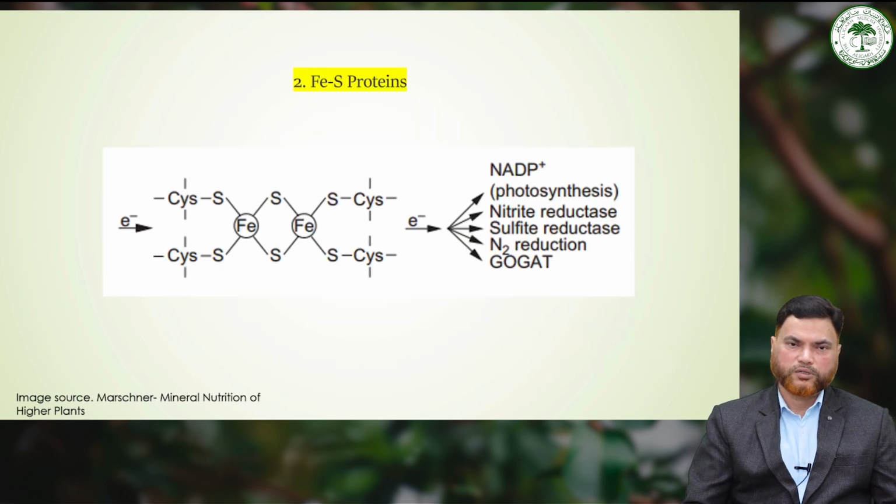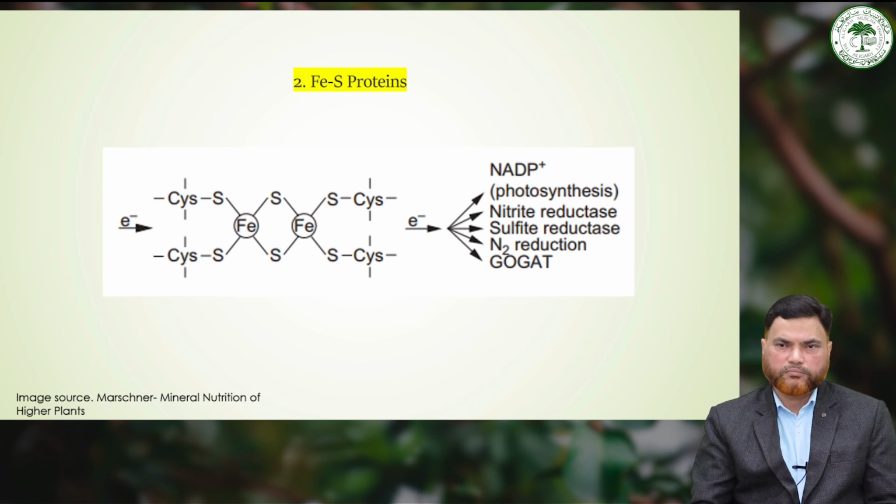Now, in non-heme iron sulfur proteins, iron basically coordinates with cysteine thiol groups or inorganic sulfur as clusters, or it could adopt both ways.